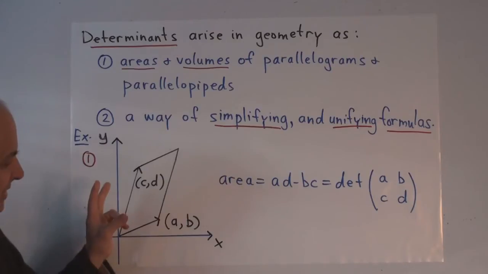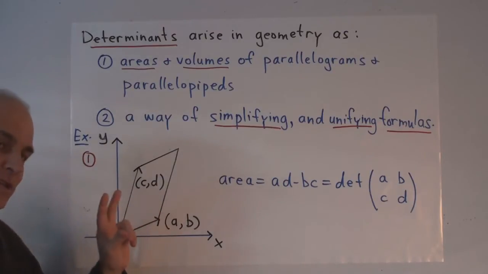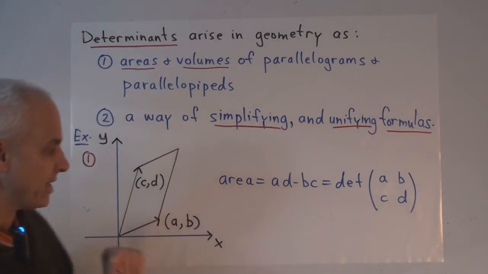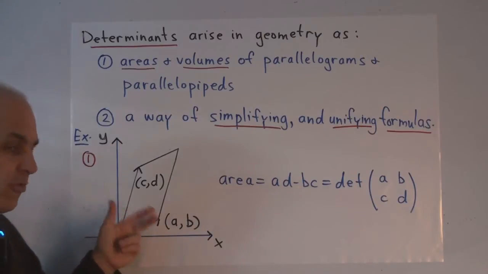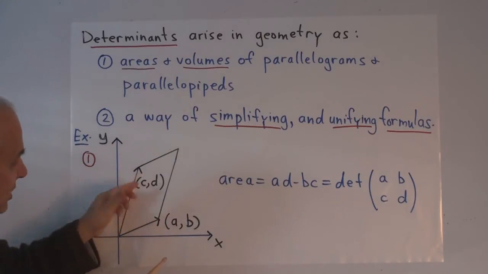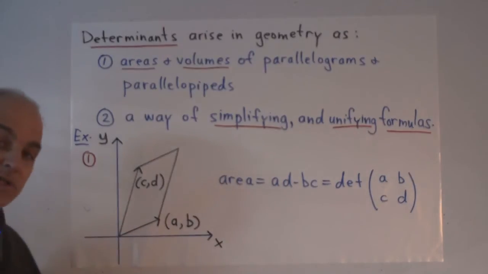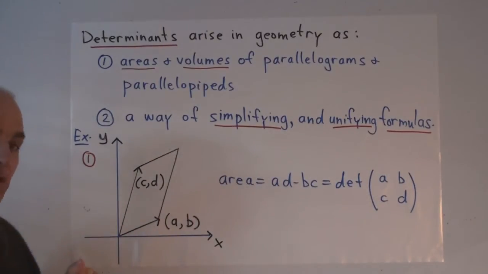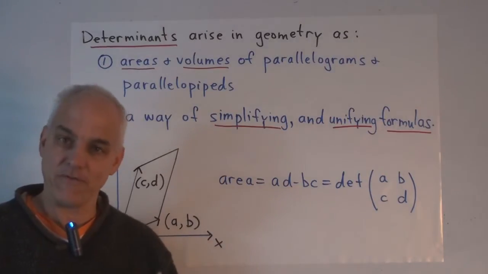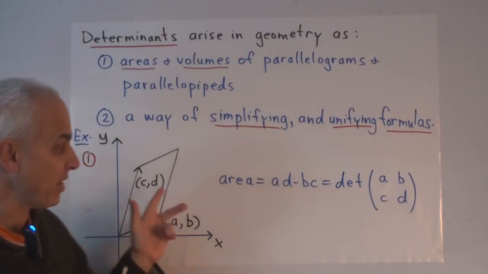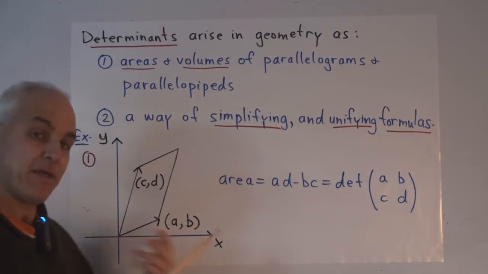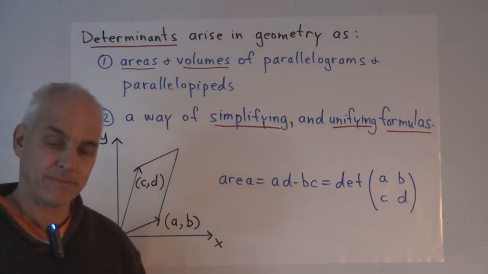And in fact, this is not exactly what's usually called the area. It's more the signed area, in the sense that this area can also be negative if the orientation of the vectors is reversed. And there's exactly a corresponding formula for the volume of a three-dimensional analog of a parallelogram involving three vectors. And that's given by a 3 by 3 determinant.